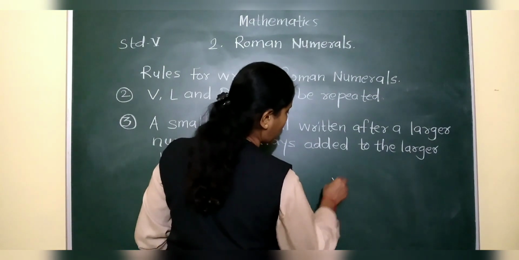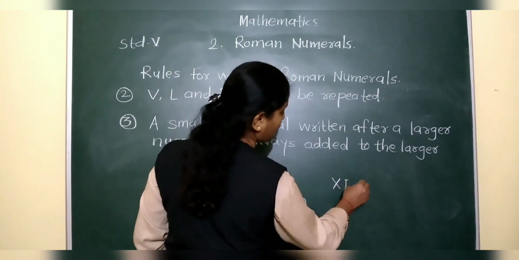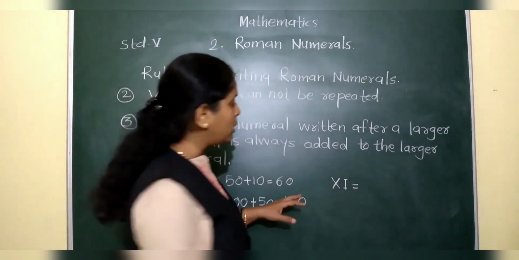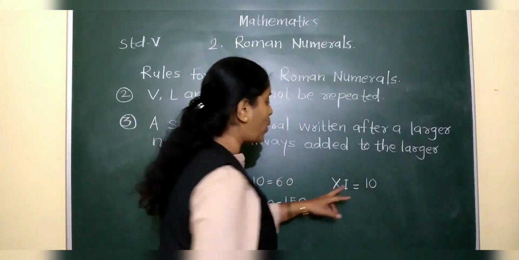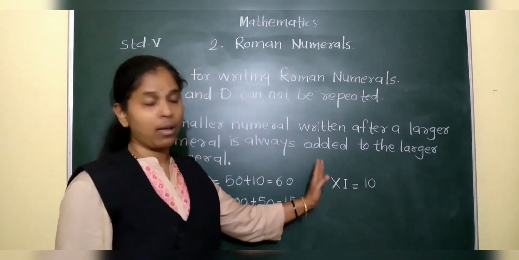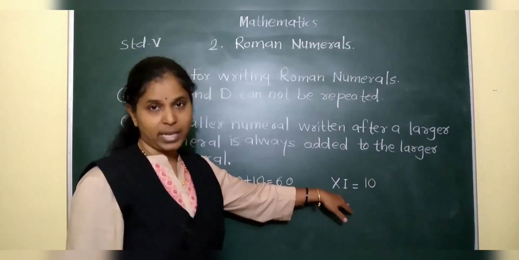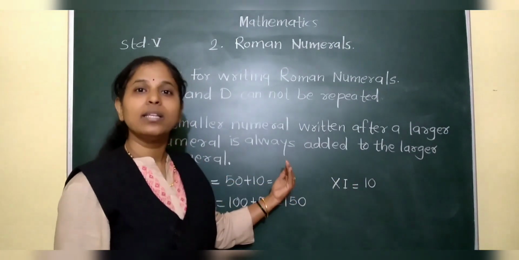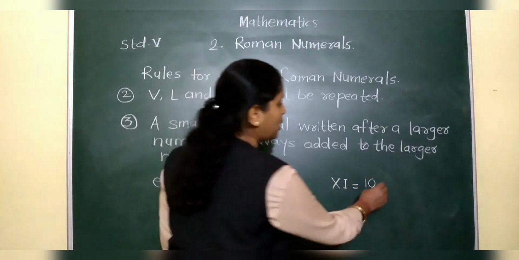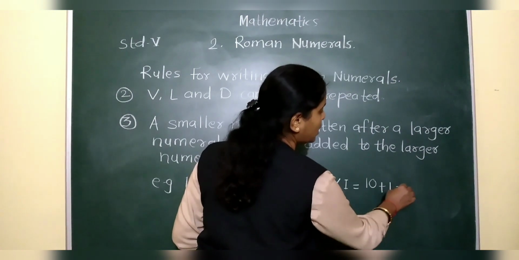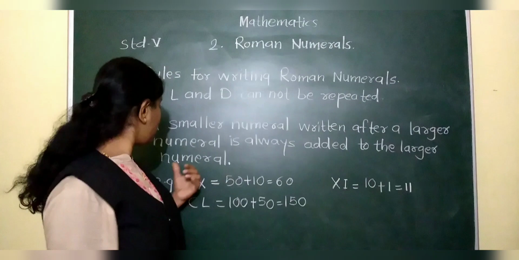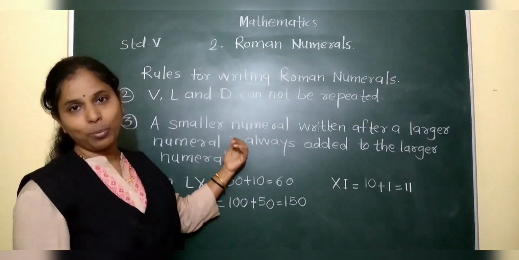See here, XI, where X stands for 10 and I stands for 1. So what we have to do? Now 1 appears after X, that is after the larger numeral. So it will get added to the larger numeral. That is 10 plus 1 is equal to 11. So understood? That was the third rule of Roman numerals.